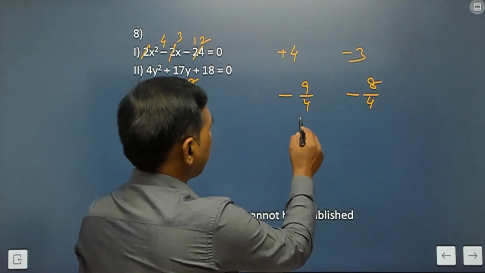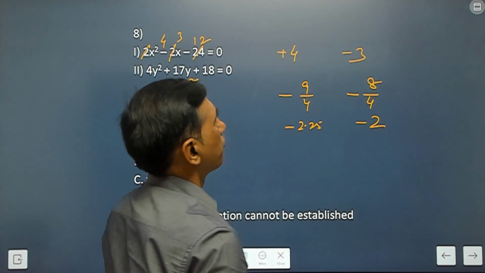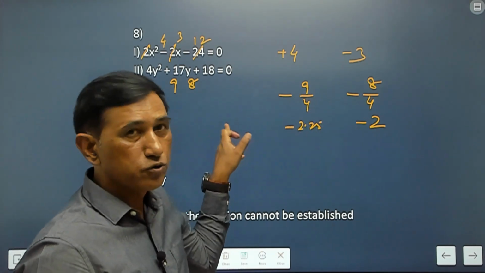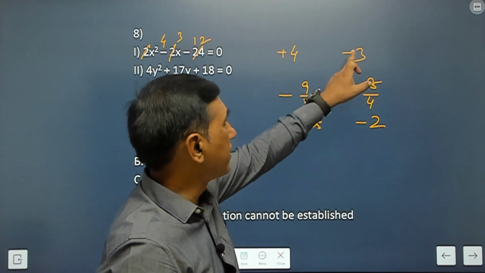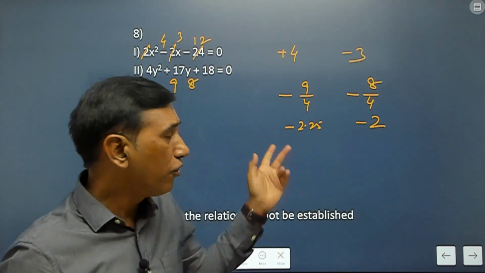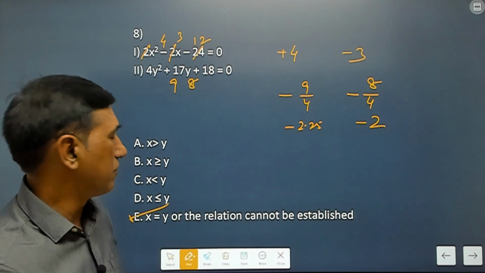So here it is giving you minus 2.25, minus 2. Where it is plus 4, it is greater than these two numbers. But where it is minus 3, it is smaller than these two numbers. So you cannot have anything. The relationship cannot be established.